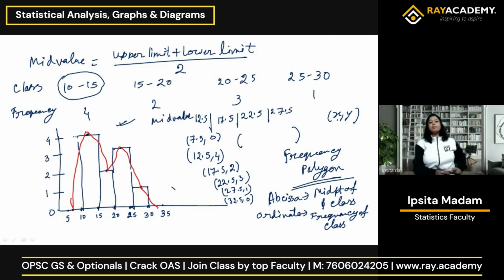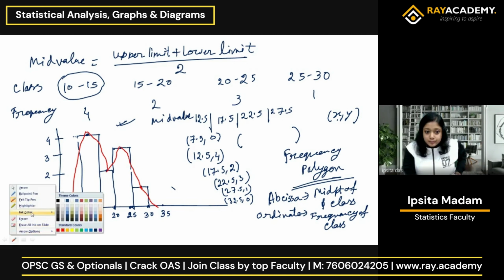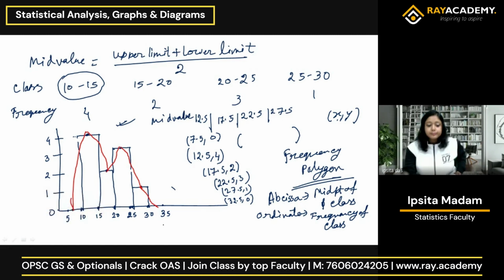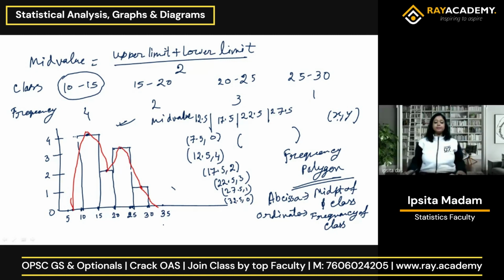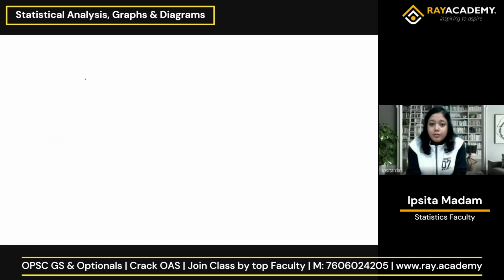Clearly understood all of you about frequency polygon and also the histogram? Yes, ma'am. Okay. Next we go for the ogives. For ogives, you have requirement for the cumulative frequency.